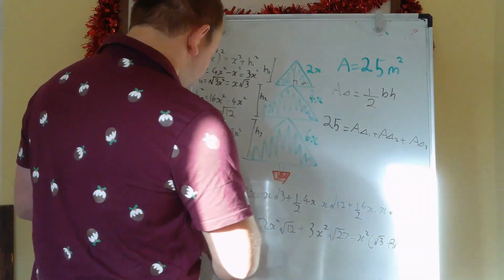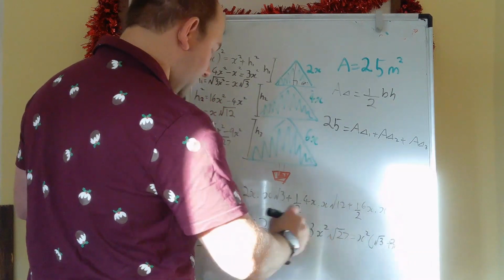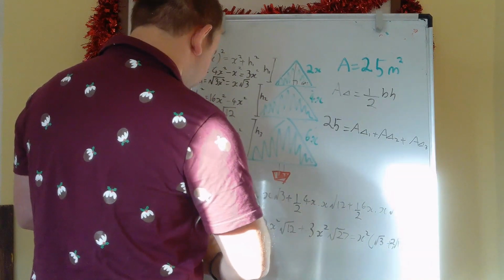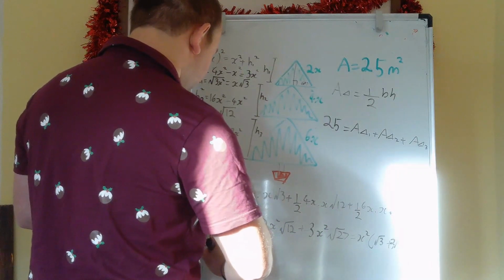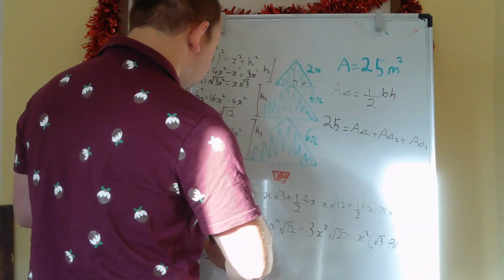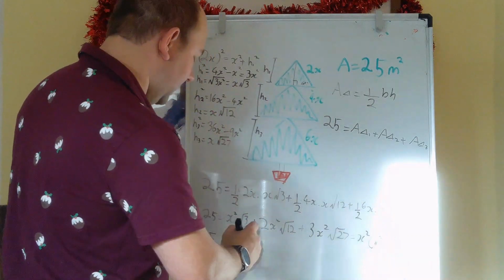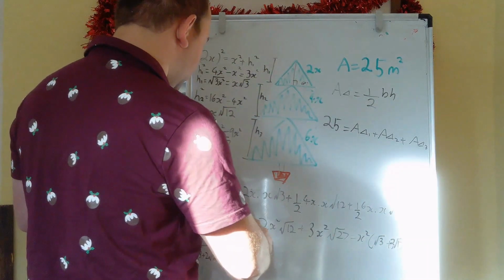So 25 all over this root 3 plus 2 root 12 plus 3 root 27 is equal to x squared.